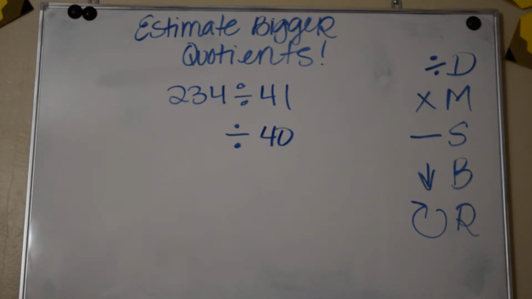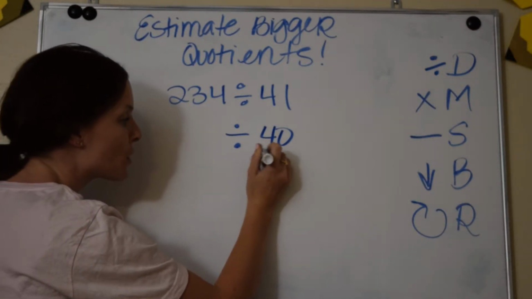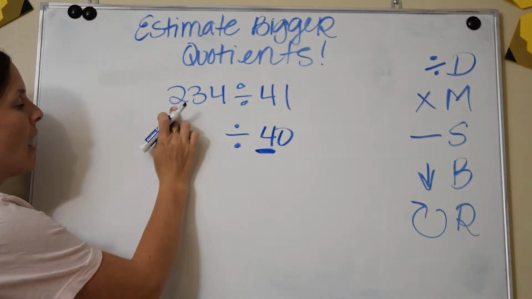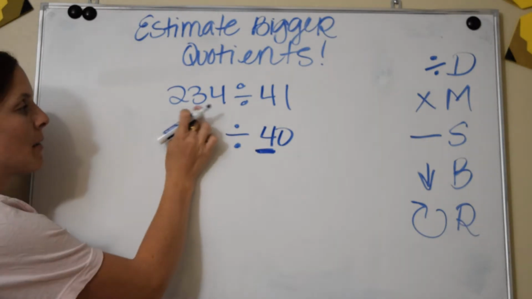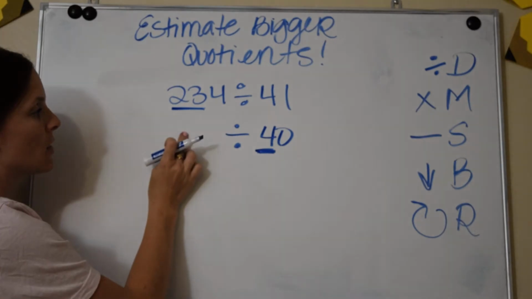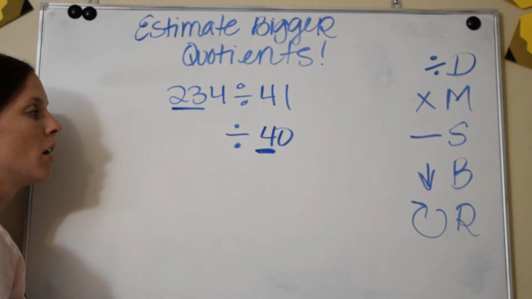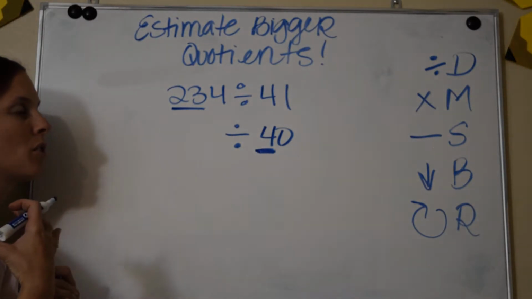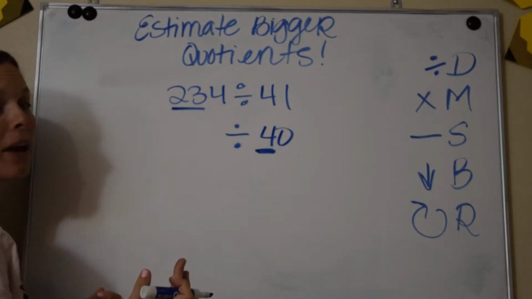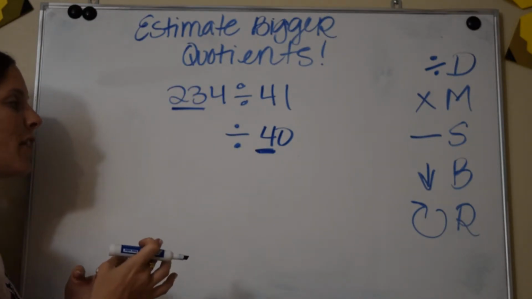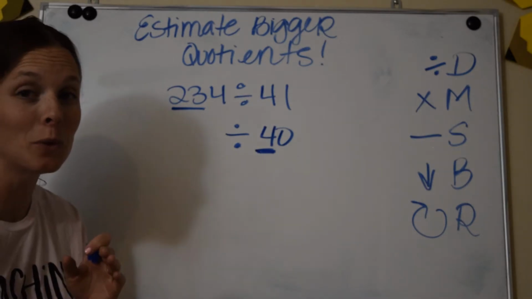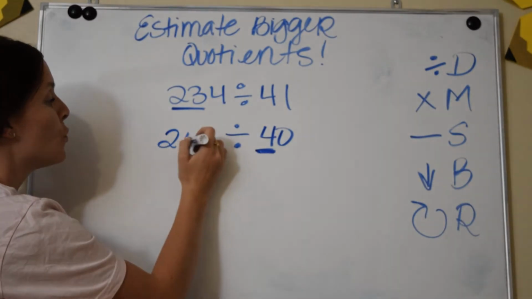Well, I want something that's going to be a fact family with 4. So always focus on that first digit. I can change this to something where these two digits are a fact family with 4. So let's think, well, 4 times something around 23, right? 4 and 23, not a fact family. But what about 4 and 24? What if I turn this into 240?